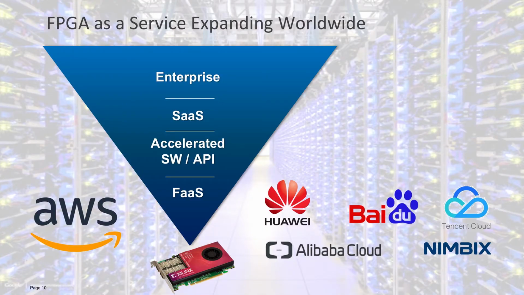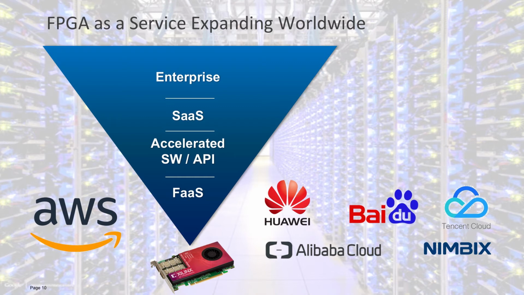And you can see that we have our FPGAs in 6 different data centers today, 4 of them being hyperscalers. It's really Nimbix and AWS who have pioneered FPGA as a service. And since then, we have had announcements from Alibaba, Huawei, Baidu, and Tencent as well.